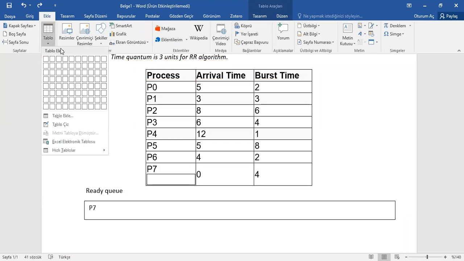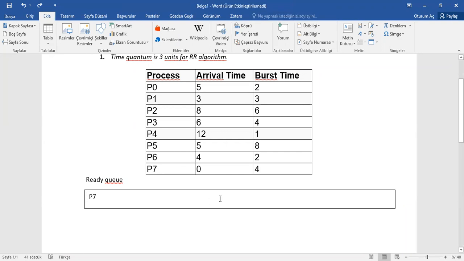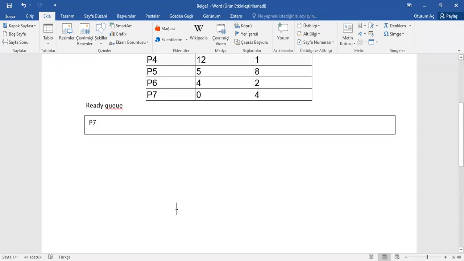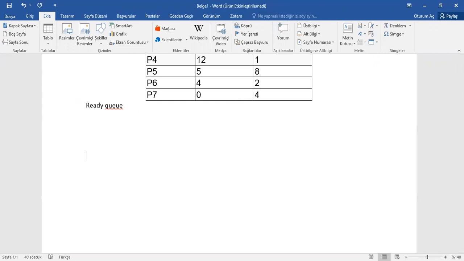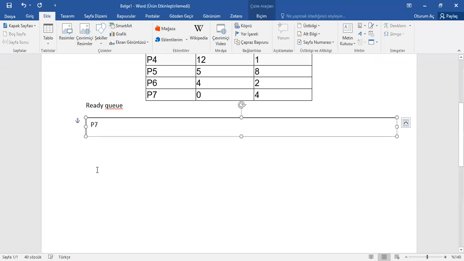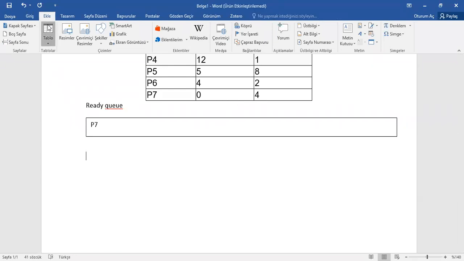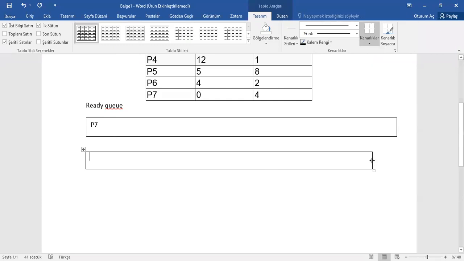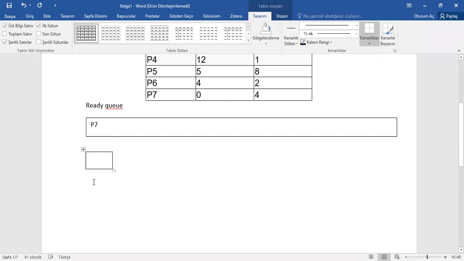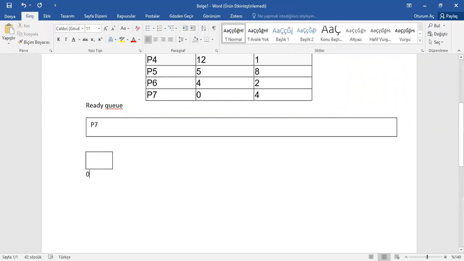Let's put a table. Okay. And when time is 0 to 4, which process is executed?